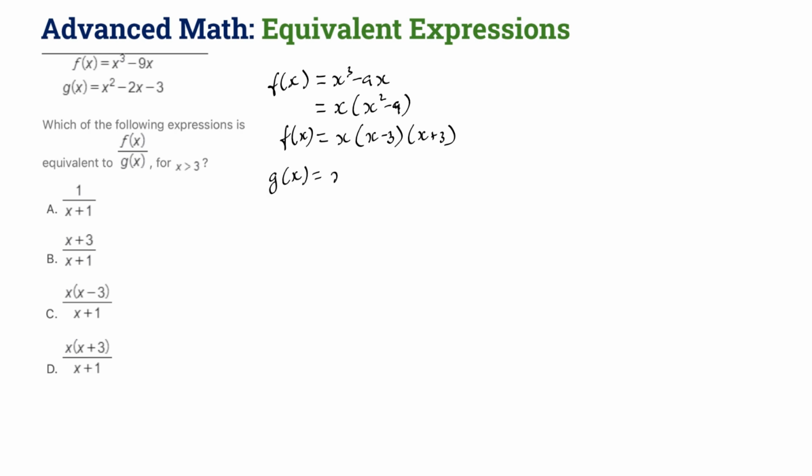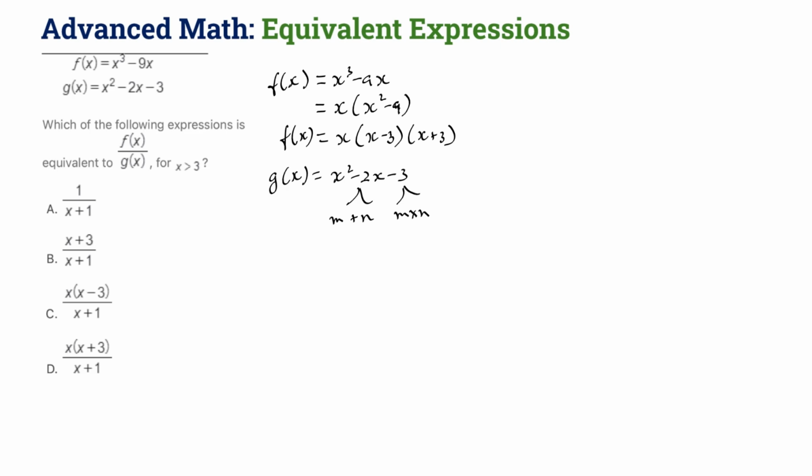Similarly, g of x is going to be x squared minus 2x minus 3. Okay. We can factor this as well, where we take -2 as m plus n and -3 as m times n.